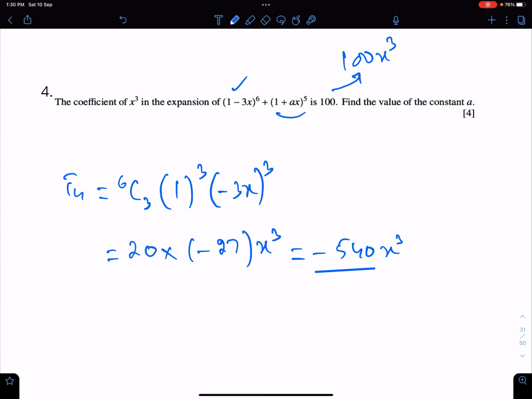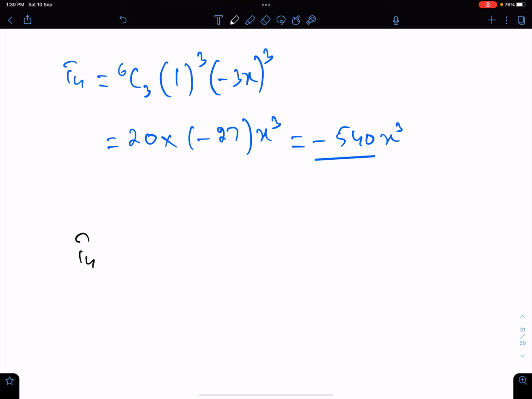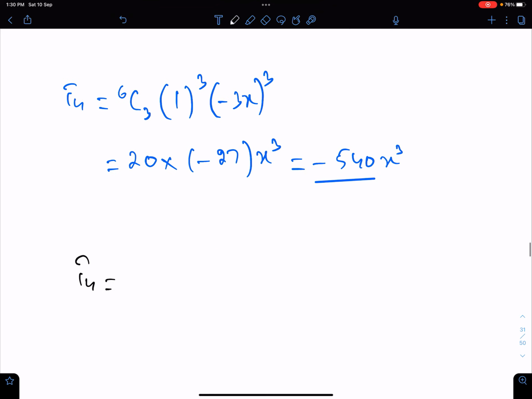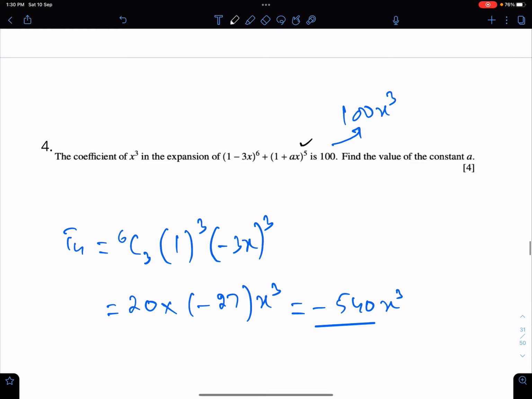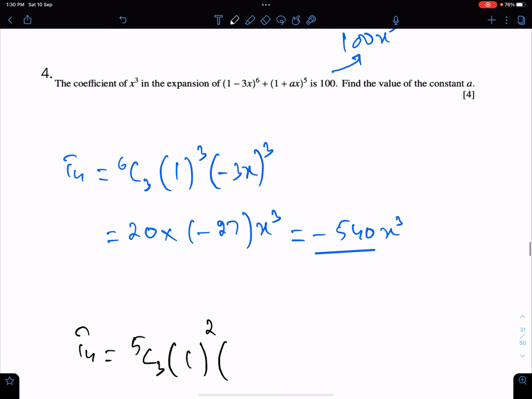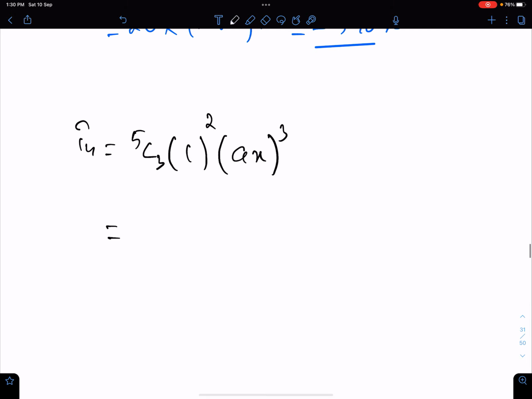Now find the coefficient of x cube of this expansion. Again we need T4, so it will be 5C3, the power of the expansion is 5, and the first term is 1 with power 5 minus 3, that is 2, and the second term is ax. So 5C3, I think it's 10. Let me check this.